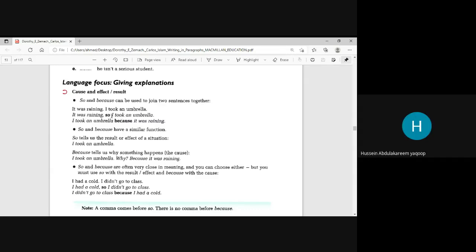Now here, as you see, I took an umbrella. Is this a result or a reason? It's the result. Yes. So when we use so, the result should come after it. Now, what about because?